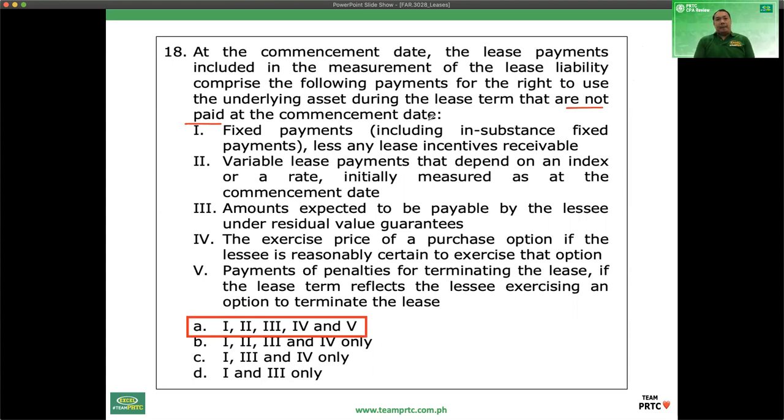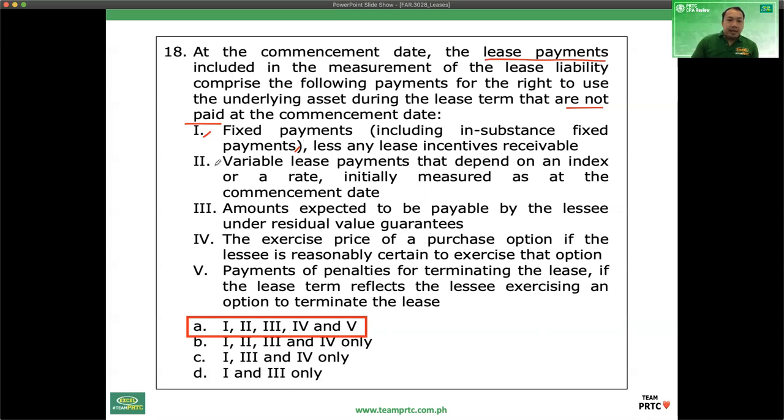Letter A. So, yan yung sa tinatawag na lease payments. Okay. And what are those? Number one, yung fixed payments, including in substance fixed payments. So yung in substance fixed payments, nakastructure siya na variable. Pero in substance, fixed yung payment. Okay? Less any lease incentives receivable.